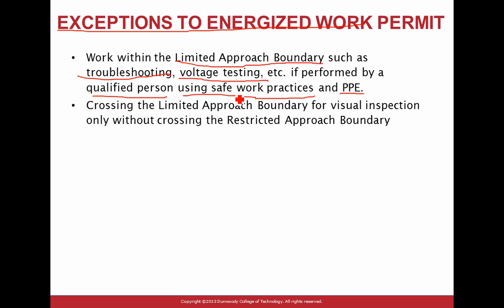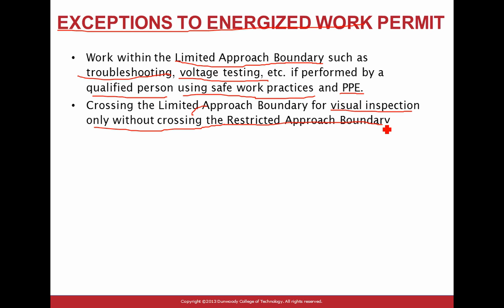Another exception: crossing the limited approach boundary for visual inspection only, without crossing the restricted approach boundary. So you are walking in there and just visually inspecting the equipment. You don't have to have the energized work permit. But if I want to open the cover and look at it, I'm not going to do anything, just look at the equipment, I still have to put the proper PPE on, but I don't have to write an energized work permit for that.